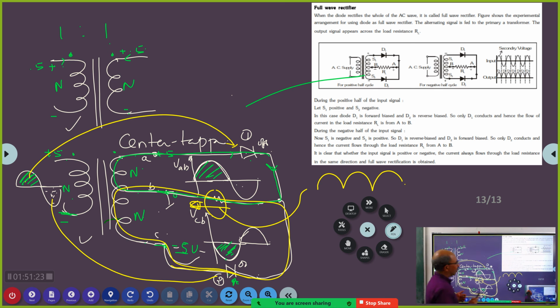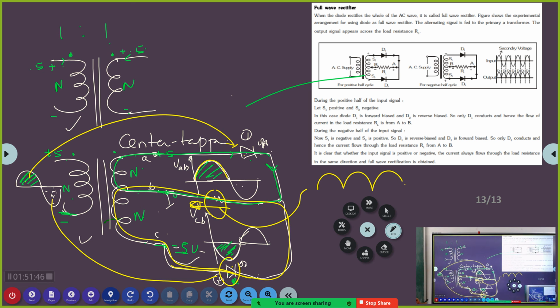Now you see. In the first cycle, this diode was conducting, and this was not conducting. So what is the voltage across the non-conducting diode? The peak inverse voltage across this diode.